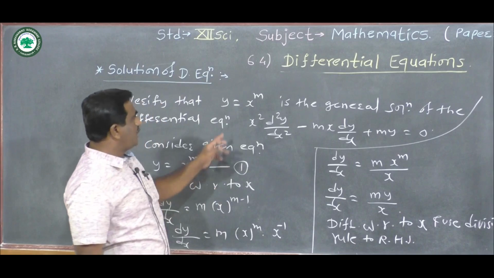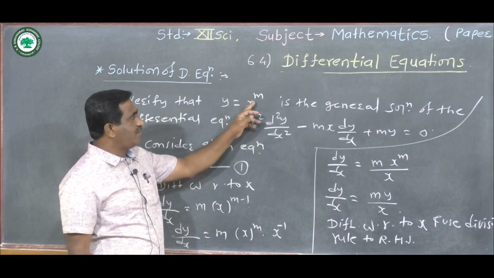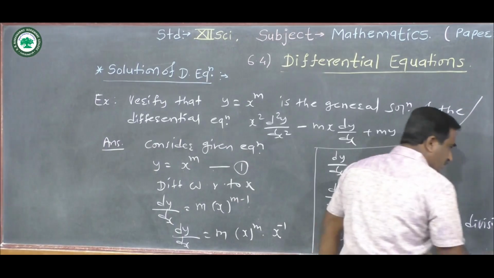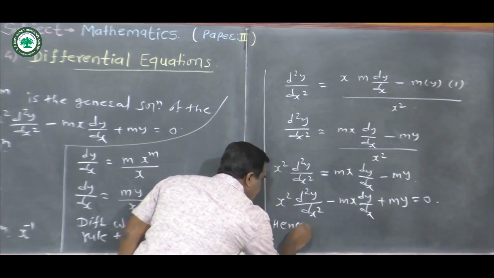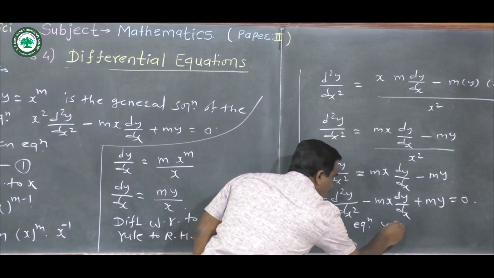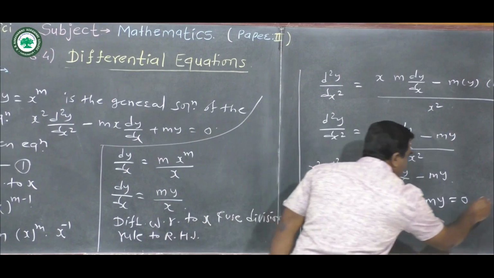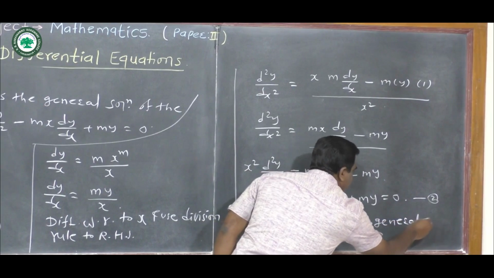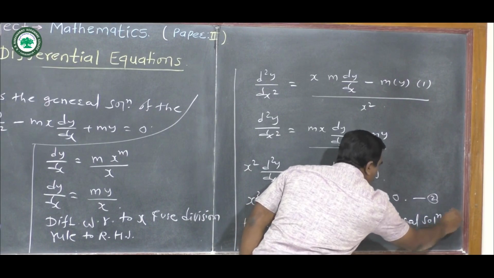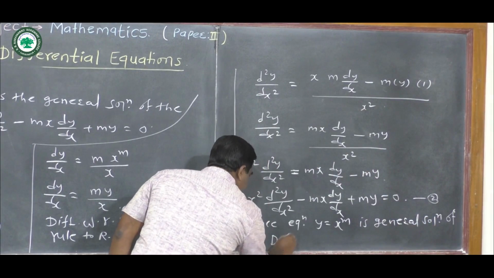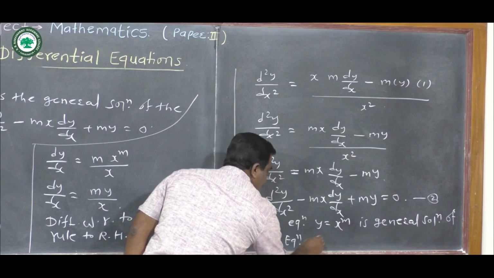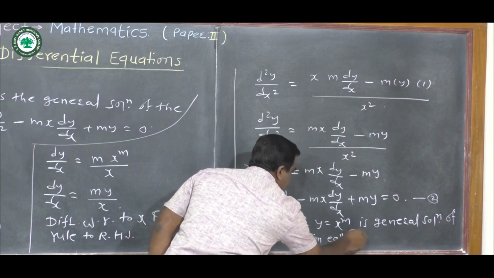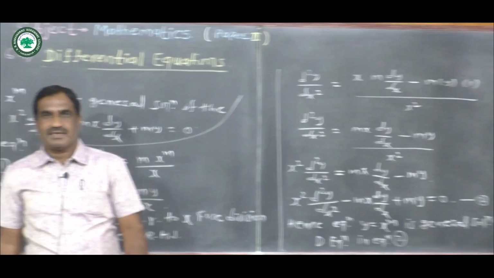Therefore, this given relation y equal to x raised to m is the general solution of this differential equation. Hence the equation y equal to x raised to m is the general solution of the differential equation which is in equation 2. Okay, this is the answer for this example.